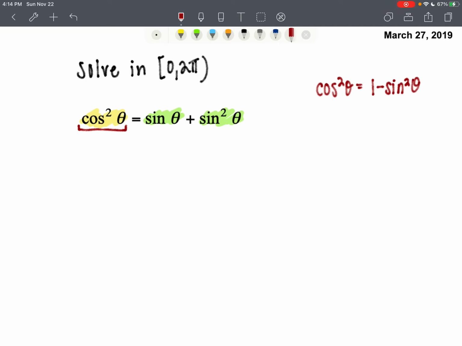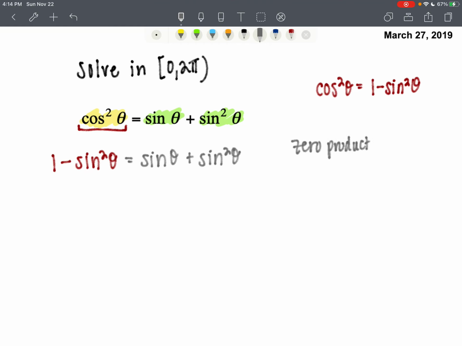So I'm going to substitute in 1 minus sine squared of theta for cosine squared of theta. Now I have 4 terms, but 3 of the trig terms all have the same trig function of sine. So I'm going to set this equal to 0, and this is where my zero product property is going to come into play.